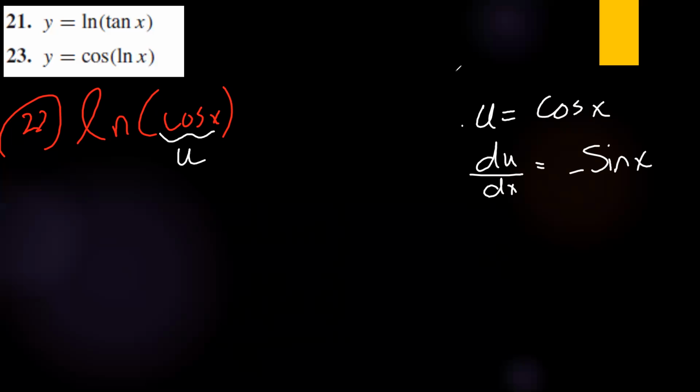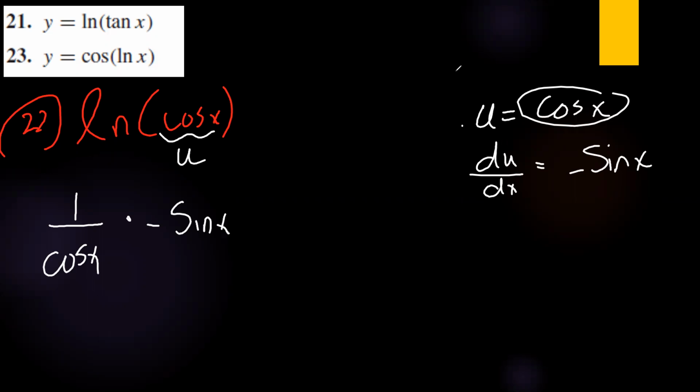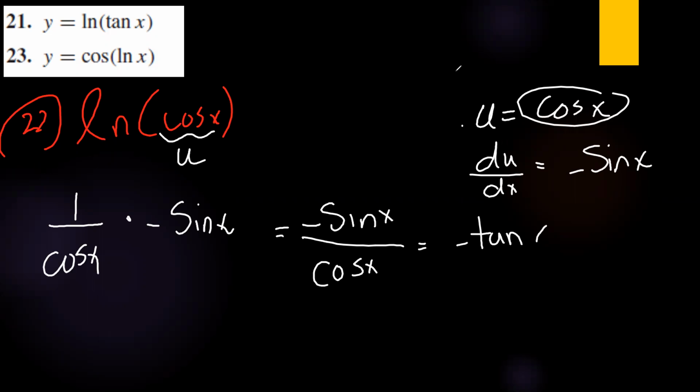So it is 1 over u, which is cosine x, times du over dx, which is negative sine x. So it will be negative sine x over cosine x, which is negative tan x. So the derivative of ln cosine is negative tan x.